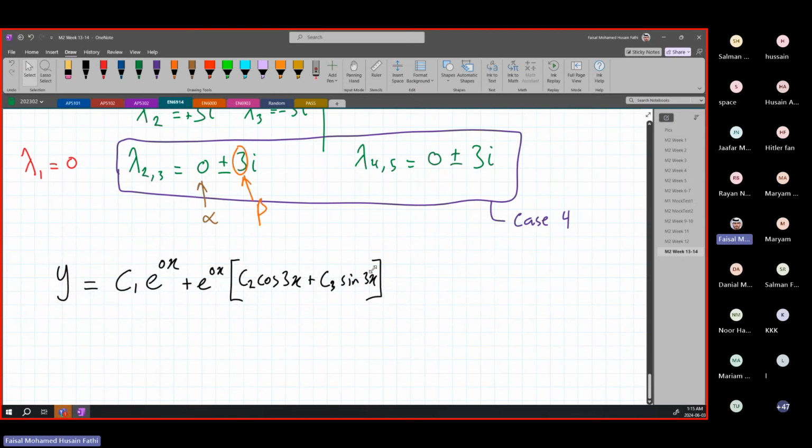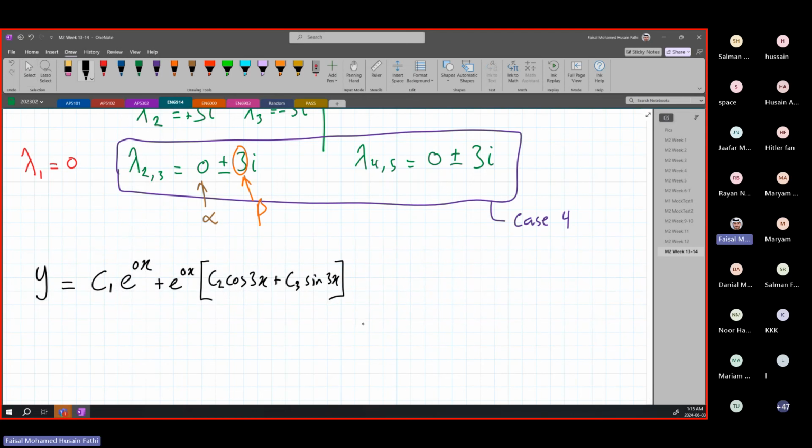So it's going to be plus e to the power, but now we have to add an x because it is repeated. E to the power of 0x, and then the exact same thing in the brackets, 0 being the real part, which is our alpha, C2 cosine 3x plus C3, it's not C2, now we have reached C4, C4 cosine 3x plus C5 sine of 3x as our solution.